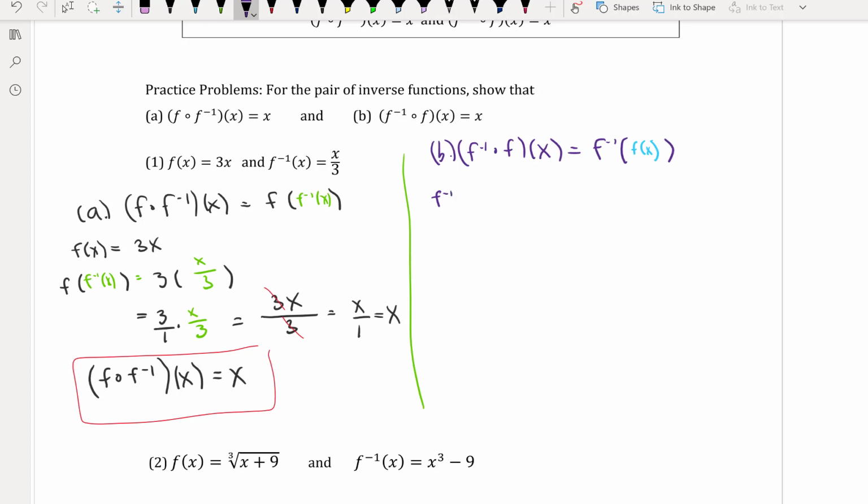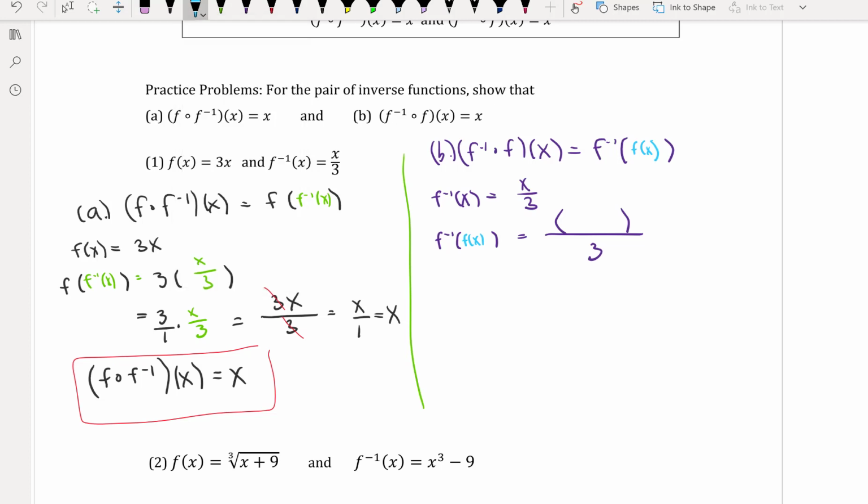So f inverse of x, that function is x over 3. So when I have f inverse of my f of x, then that looks like I have x on top and 3 in my denominator.